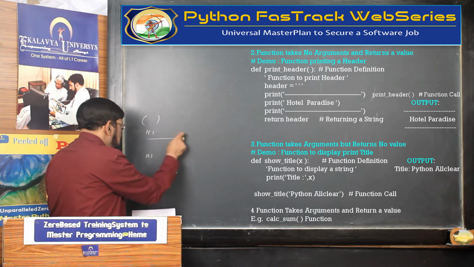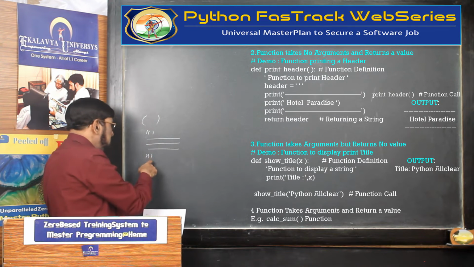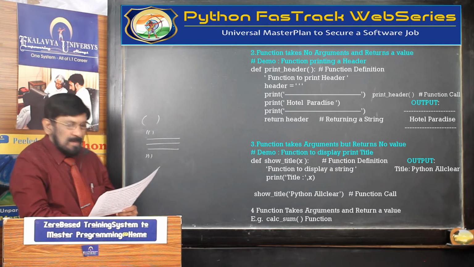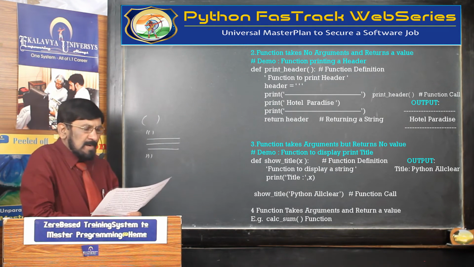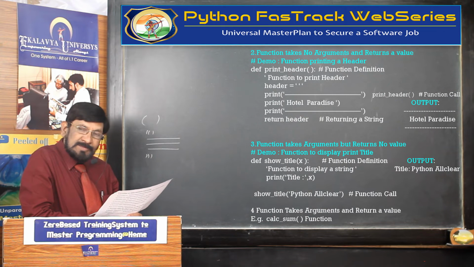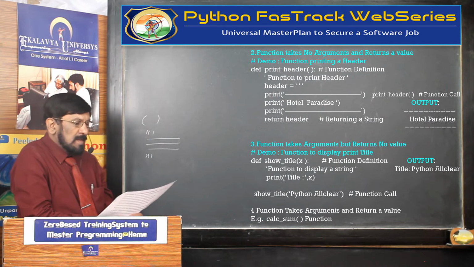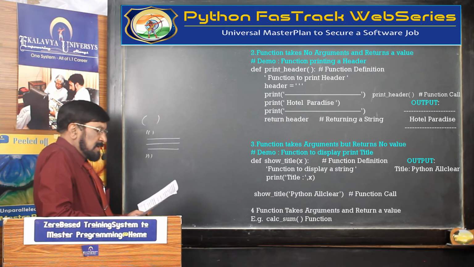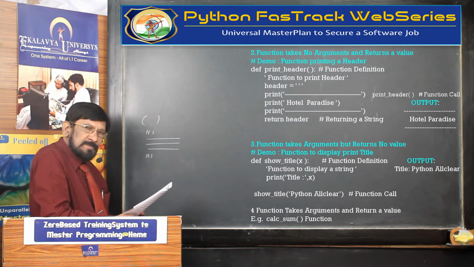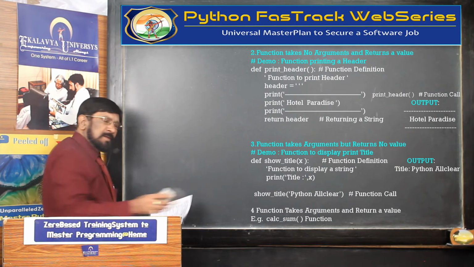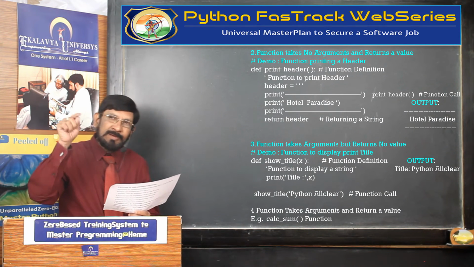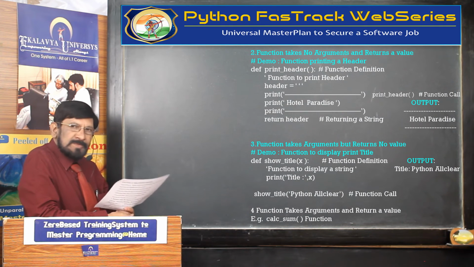Already once I explained to you, multi-line strings or multi-line comments are written like this. So we have written the header, and it returns the header. Whenever you call that, the header is printed. That is Hotel Paradise. So this is function which does not take any argument but returns a value. Okay, that is the second type.